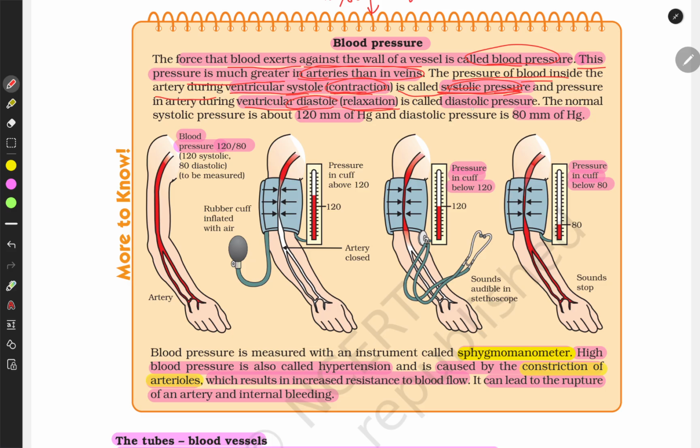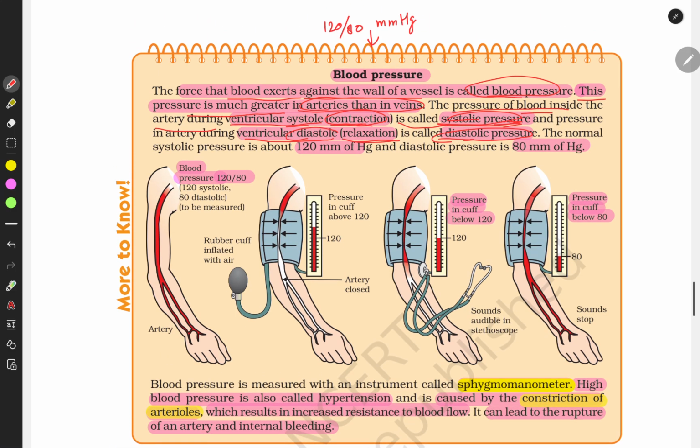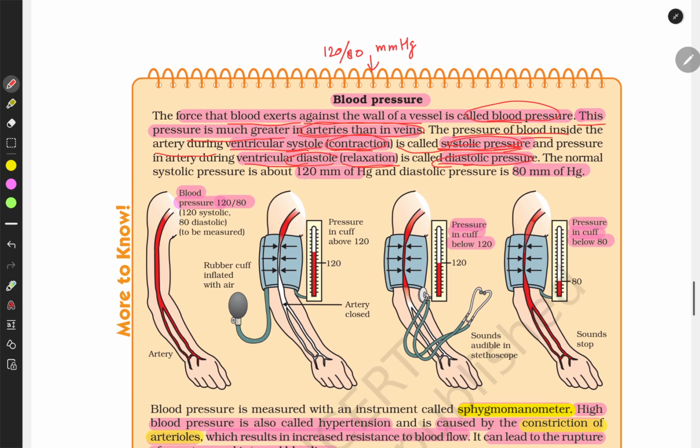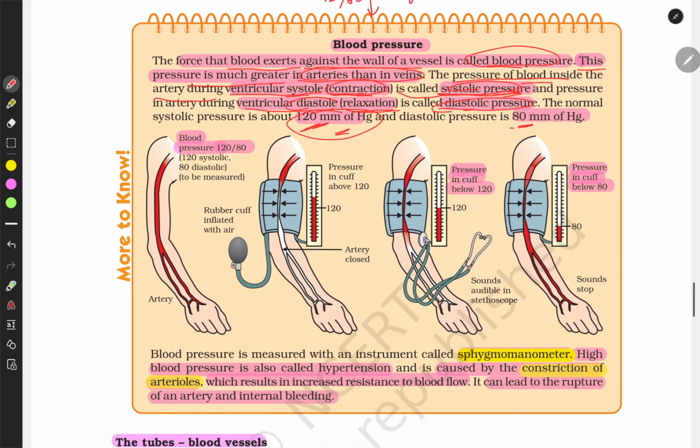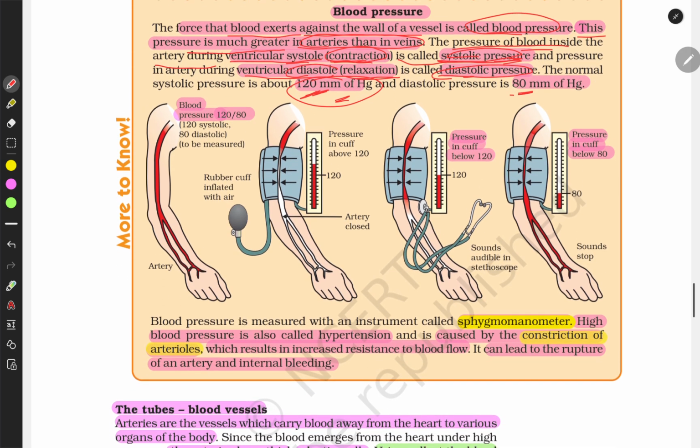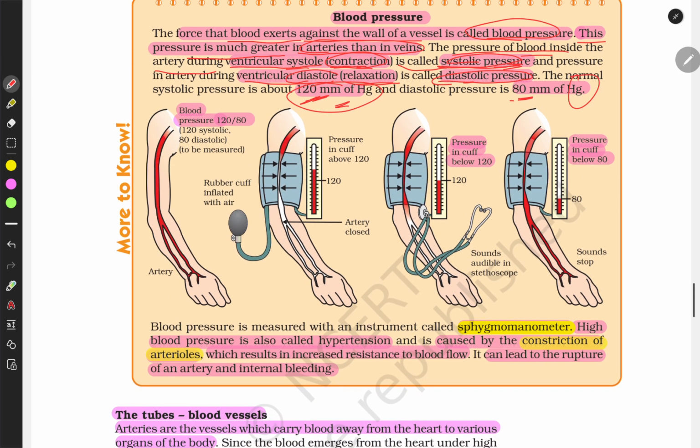When the heart relaxes and there is less pressure, this is called diastolic pressure. When the heart pumps and applies a force on the walls, that force is 120 mm of Hg. And when the heart relaxes, the normal pressure is 80 mm of Hg. Hg is mercury here.